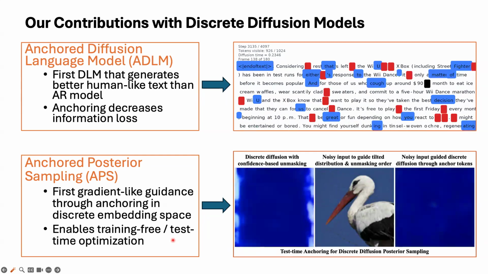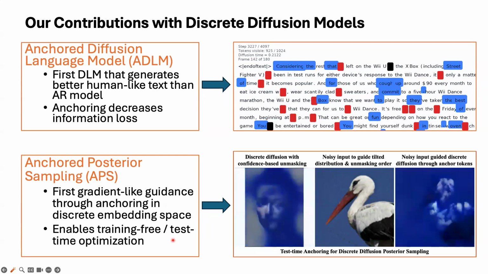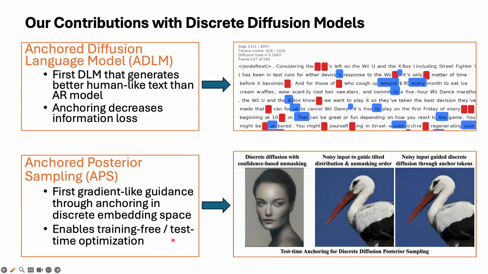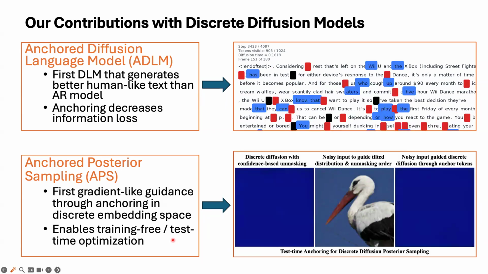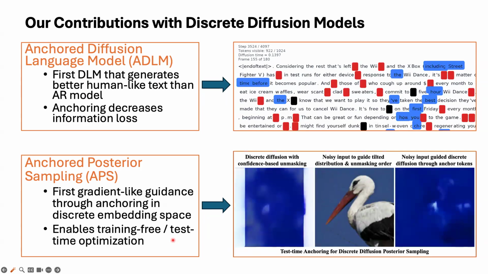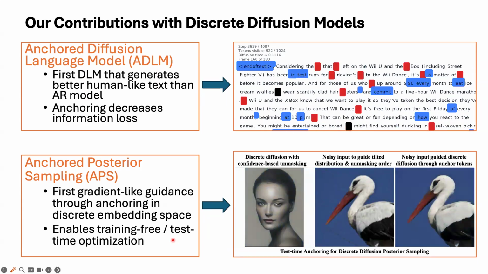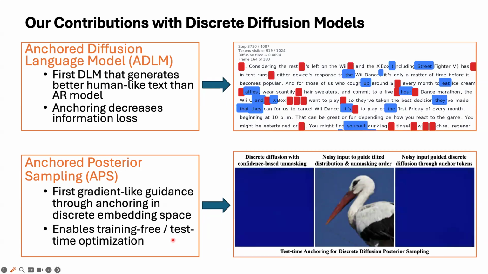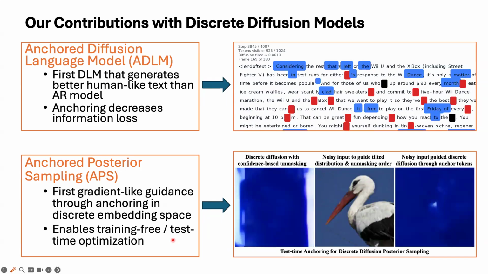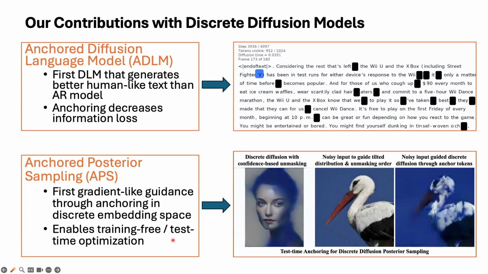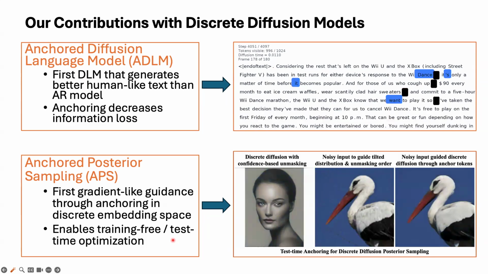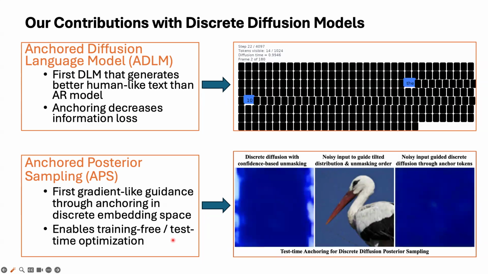First the easy tokens are generated, which is just the empty foreground. And then it goes outwards and tries to fill in the rest. The way these diffusion models work is you have to unmask tokens at each time. And the easy ones are those which are high confidence.